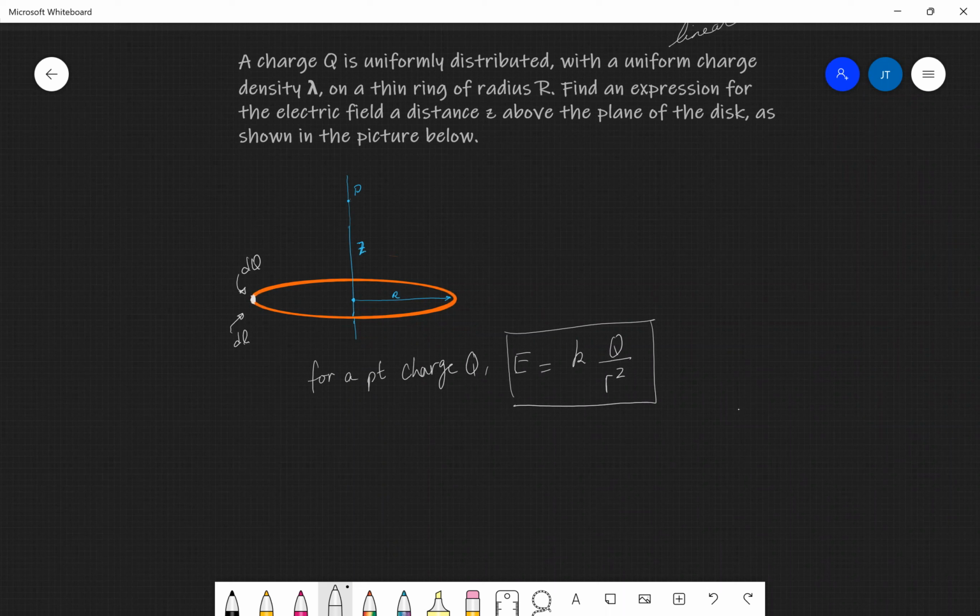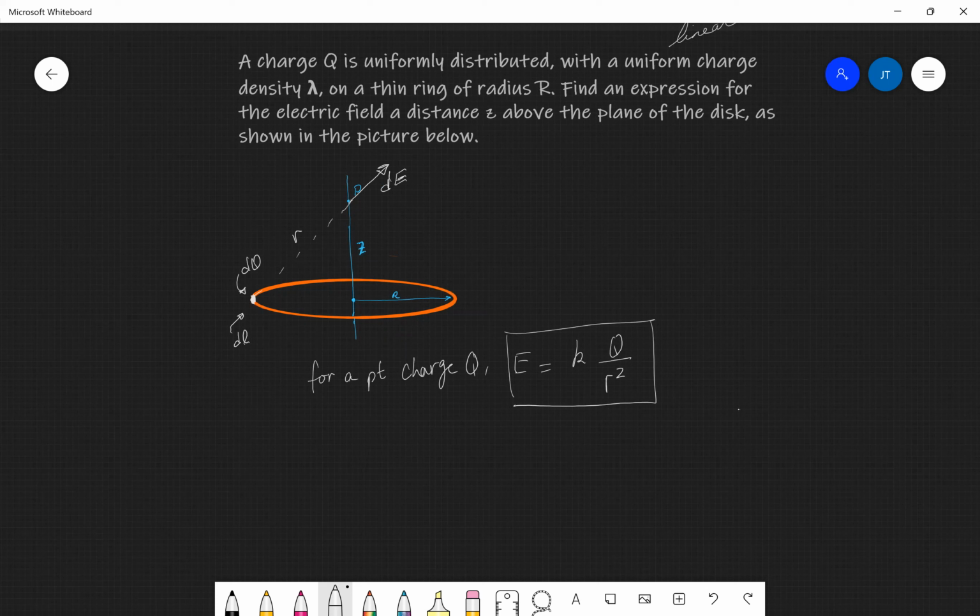Now this dq is going to have an effect at point P, and it's going to produce some kind of an electric field. Again, we're going to call it dE, which is an infinitesimal electric field from this infinitesimal point charge distribution here of length dl. Okay?